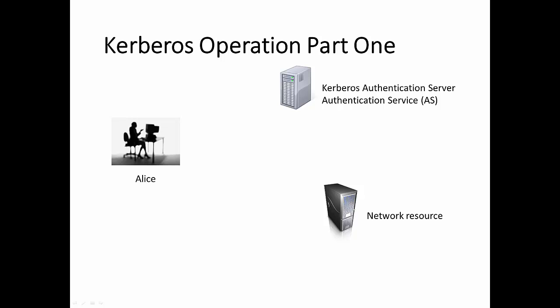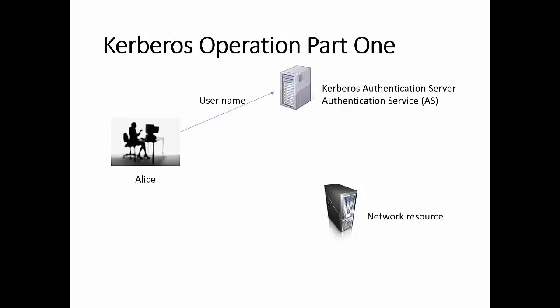And then we have another element, which is a network resource to be used by Alice once she gets authenticated. So the whole process begins by Alice sending her username to the Kerberos authentication server, and based on the username, the Kerberos authentication server looks up her password and uses that password to authenticate the subject.